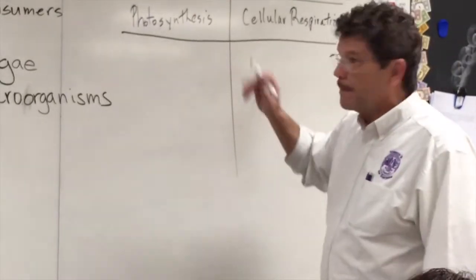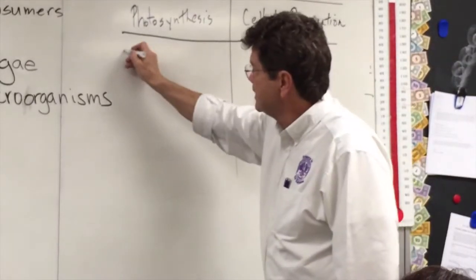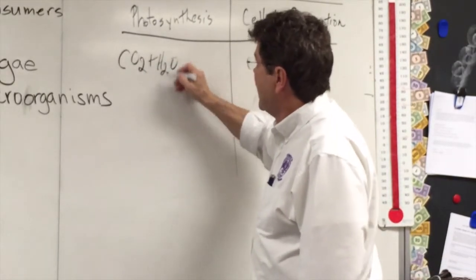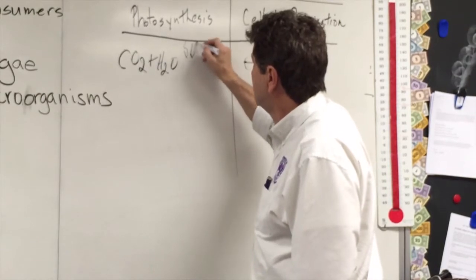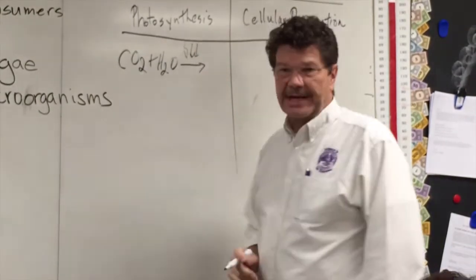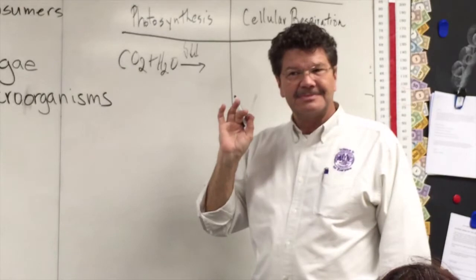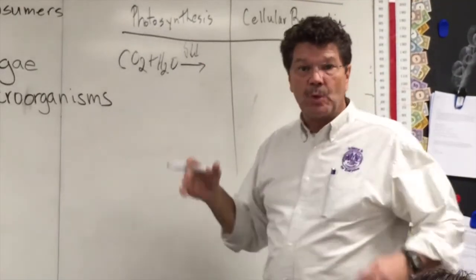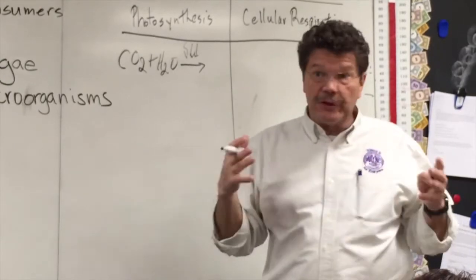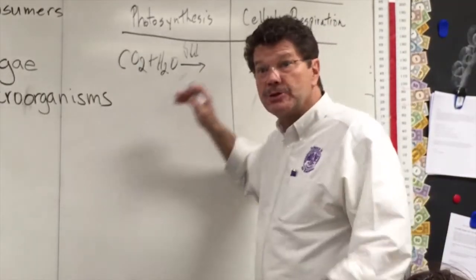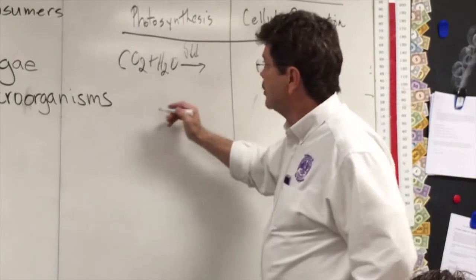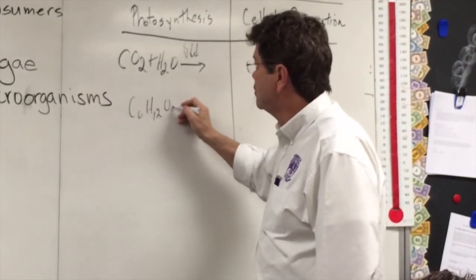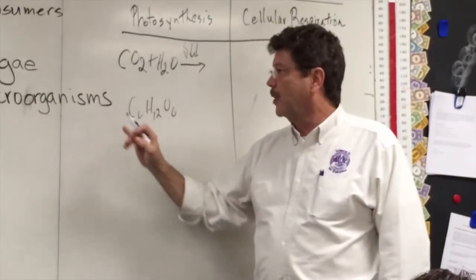Check it out. Here's what plants need: CO2 plus water, H2O, and sunlight. If a plant gets CO2 and water in the presence of sunlight with chlorophyll, the green part of the plant, it will produce C6H12O6, which is a fancy word for sugar.